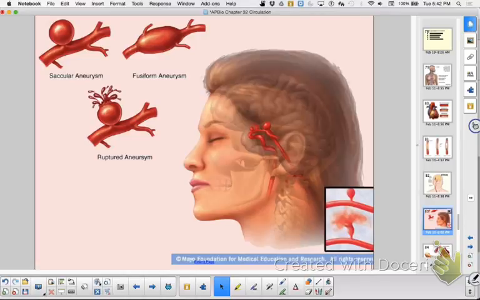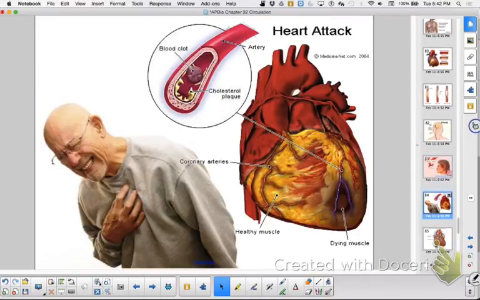I'll come back to the heart in just a minute. With an aneurysm, you can have ballooning due to this high blood pressure, and then it could actually burst. So an aneurysm is a ballooning of a blood vessel. And then a heart attack: a blood clot in the coronary artery. If you've gotten a leg cramp, imagine getting one in your heart, and then you know what a heart attack is a little bit like.